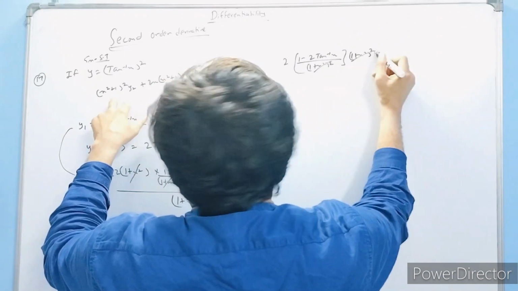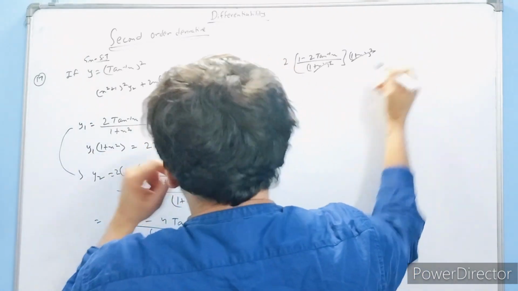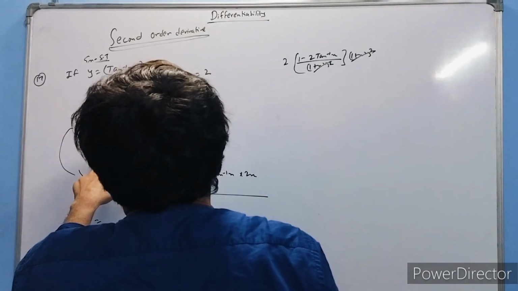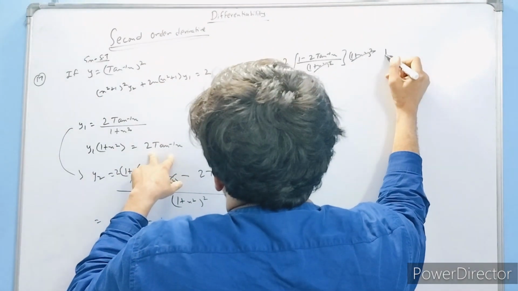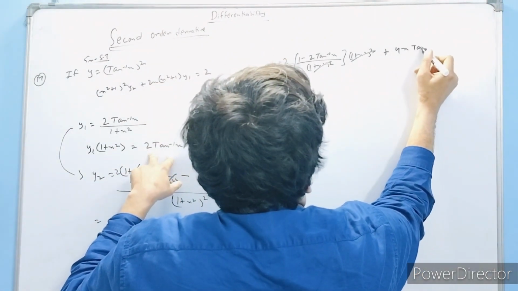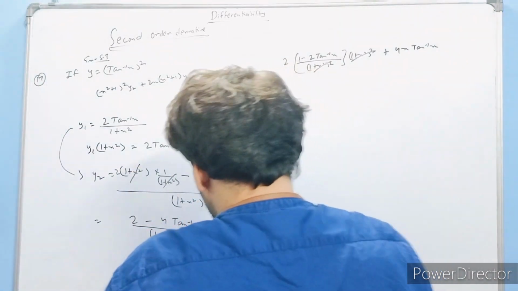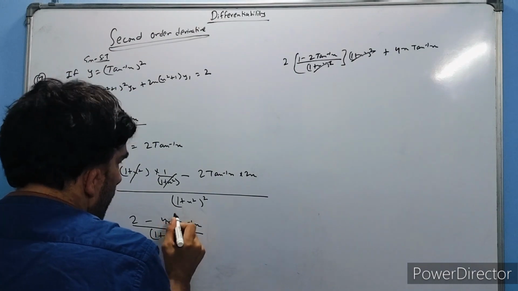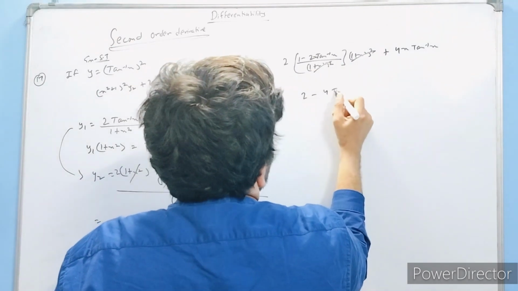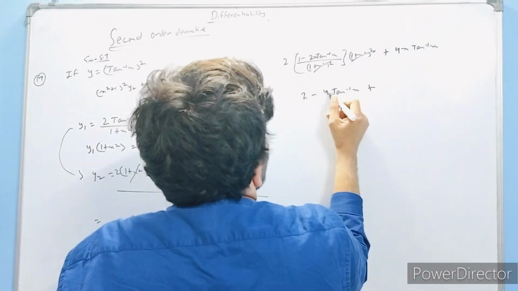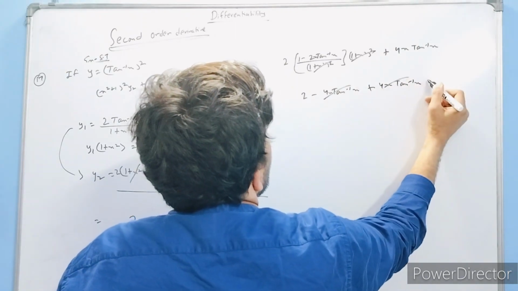So it will be reduced by this, plus y1 into 2x, we'll have 2 into 2, 4x tan inverse x. Okay, we have this. So now if I take 2 minus 4x tan inverse x plus 4x tan inverse x, I get 2 here, that is the RHS.